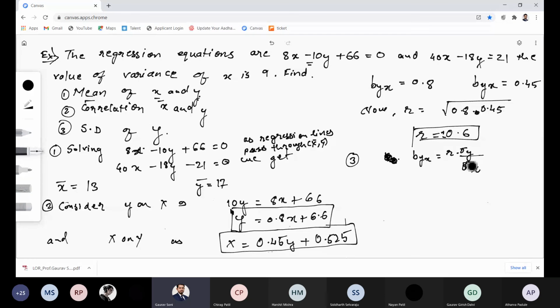Variance for x is given 9, so standard deviation of x will become 3 and byx is 0.8. This is equal to r, which is 0.6, into sigma y, which I have to find out, upon sigma x, which is 3. So this gives me sigma y is equal to 3 into 0.8 divided by 0.6.